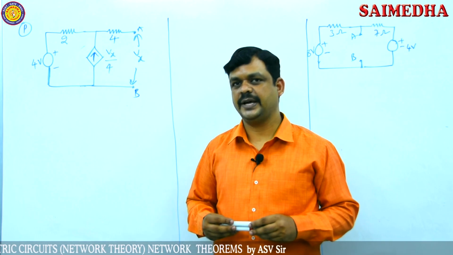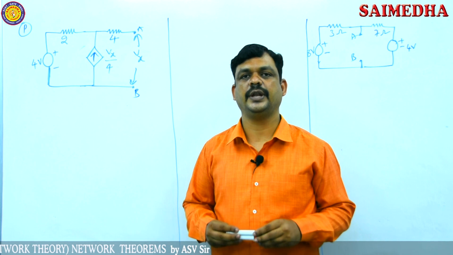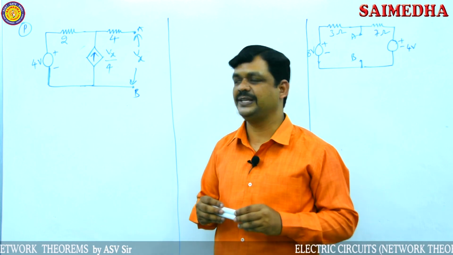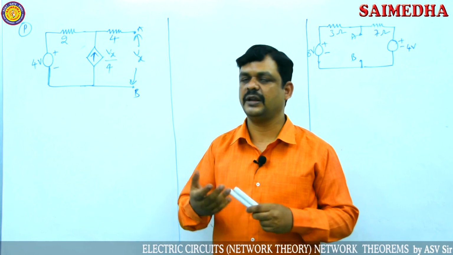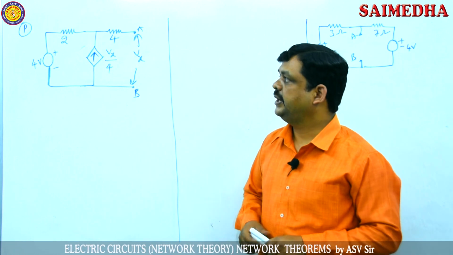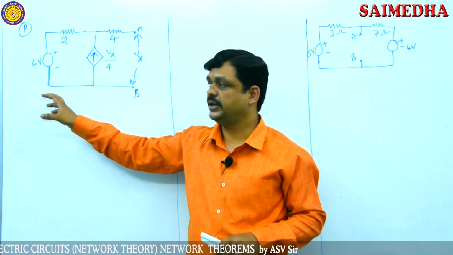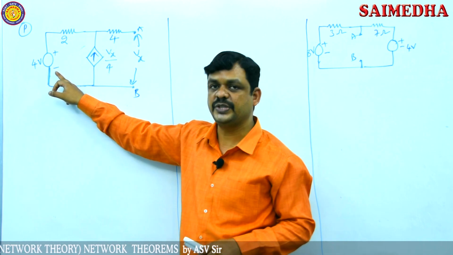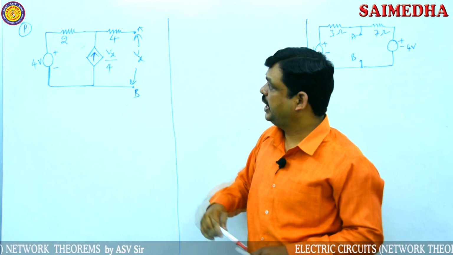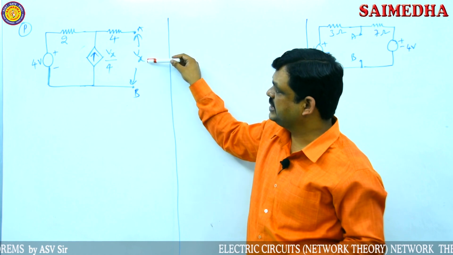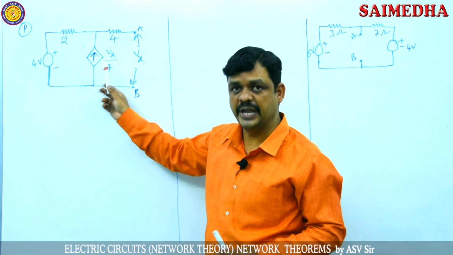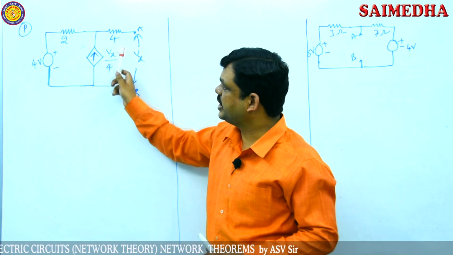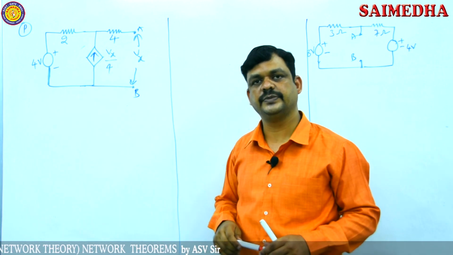Now these questions are previous competitive exam questions, and I want to solve them using Thevenin's or Norton's theorem. Here one problem is given which consists of one independent source and one dependent source. The voltage across the A and B terminals is Vx, and the dependent source is a current source whose magnitude depends on the Vx value.